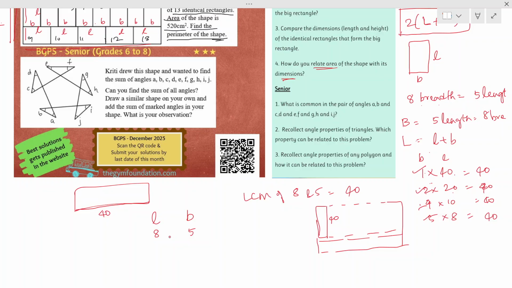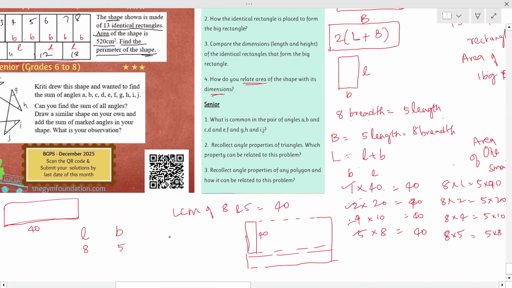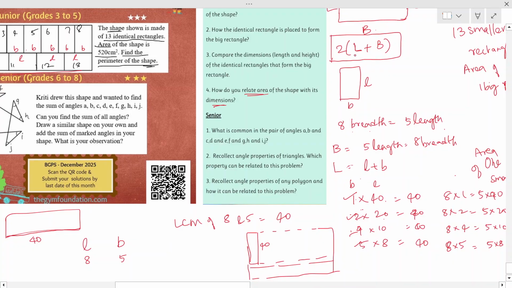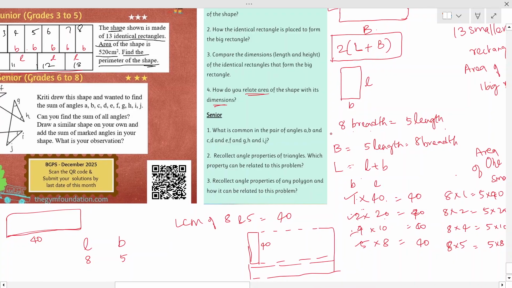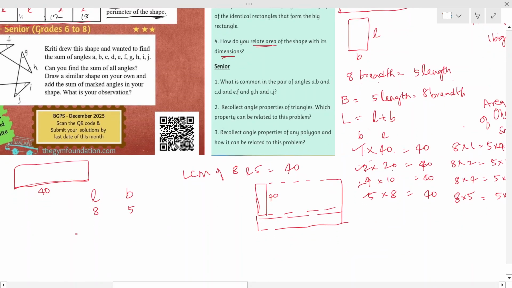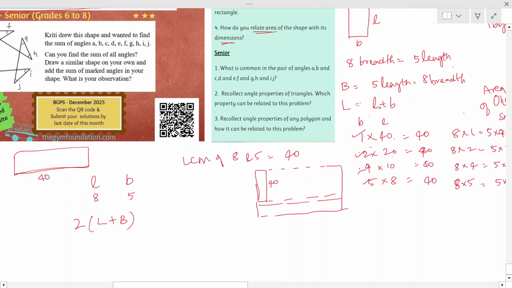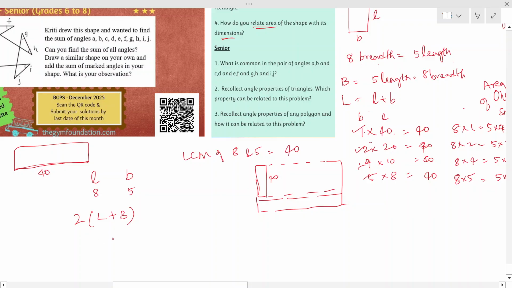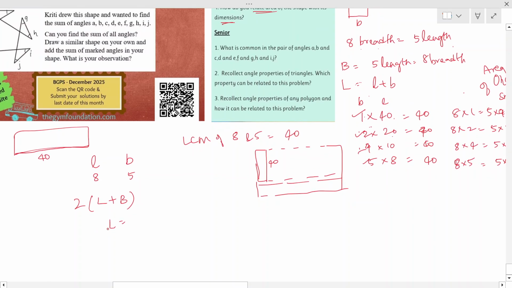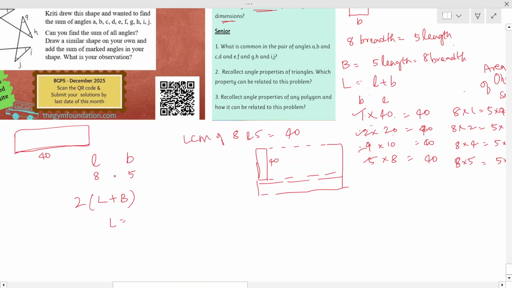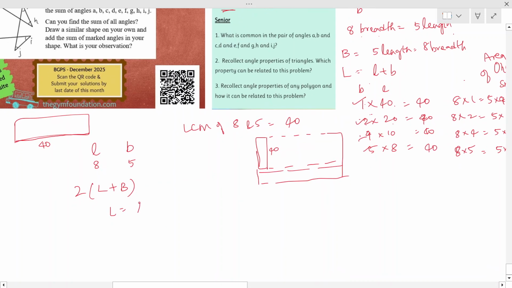So now you know everything needed to find the actual perimeter of the bigger rectangle, which is 2 times capital L plus capital B. You know what capital L is here? It is L plus B. The length of the bigger rectangle is nothing but adding the length and breadth of the smaller rectangles. That's what we understood. So 8 plus 5 is 13.